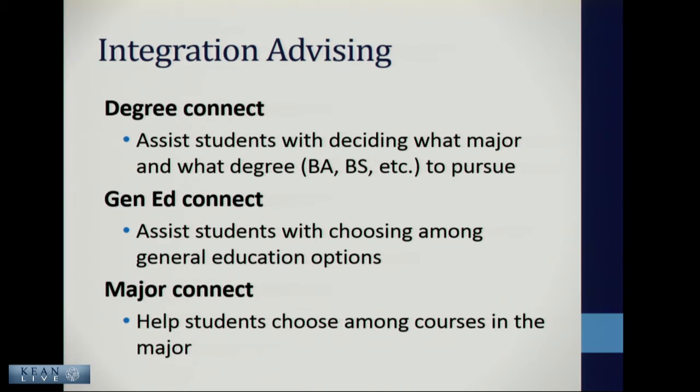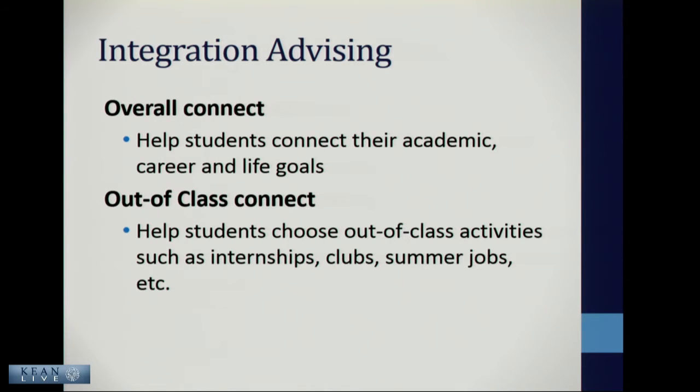These may seem similar, but in the advising literature, they differentiate this. Overall Connect is when we're helping students connect their academic, career, and life goals. And finally, Out of Class Connect is when we're helping students pick activities outside of the classroom, such as joining a club or finding an internship.